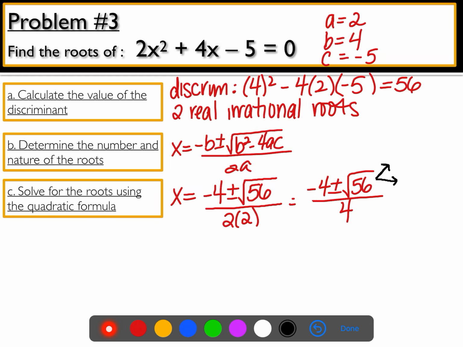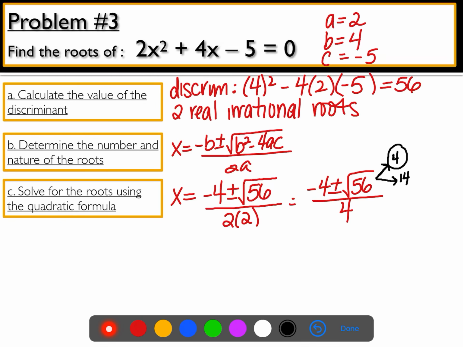So the biggest perfect square that I can use here is 4 times 14. Okay, so remember your perfect squares: 1, 4, 9, 16, 25, 36, 49, 64, 81, 100. So those are the first 10.